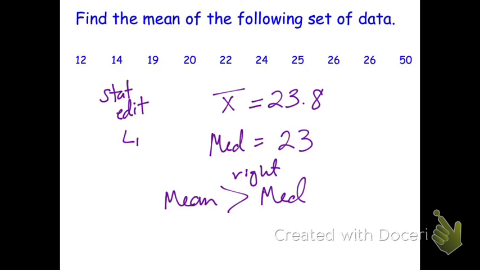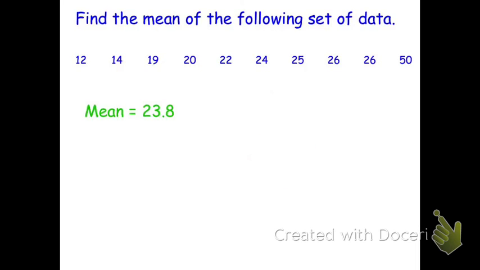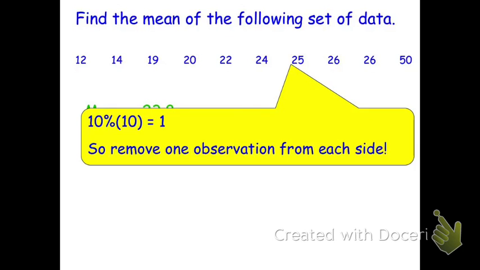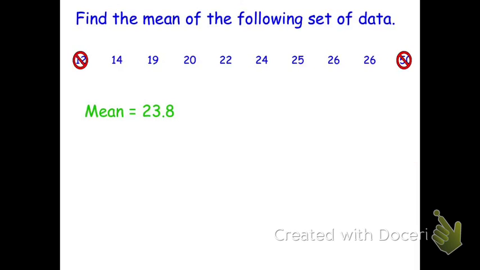Now we want to find a trimmed mean. Let's say I want to find a 10% trimmed mean. How many data points do I have? I have 10, so I'm going to take off 10% from each side. I'm going to remove one observation from each side.